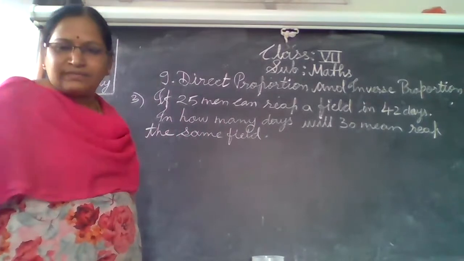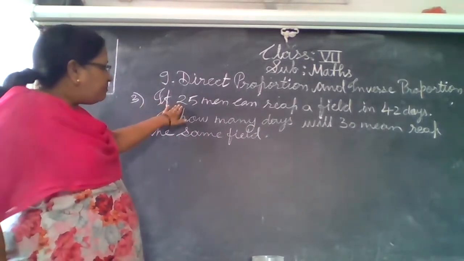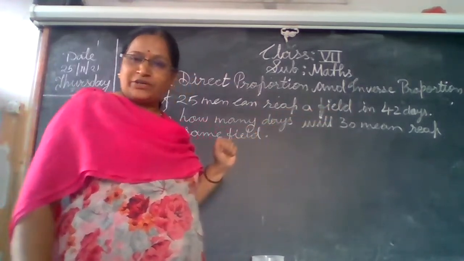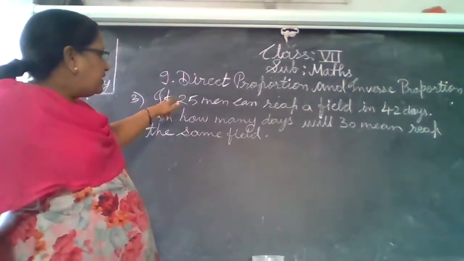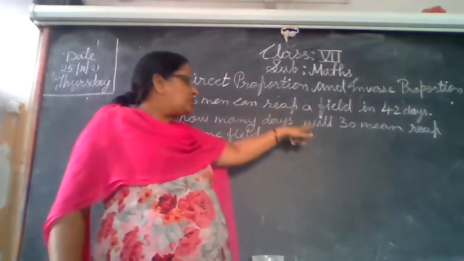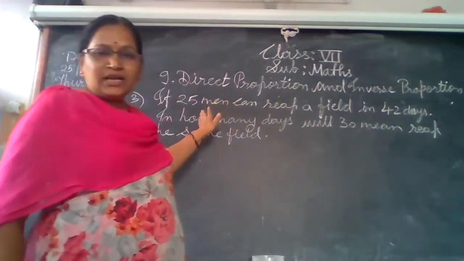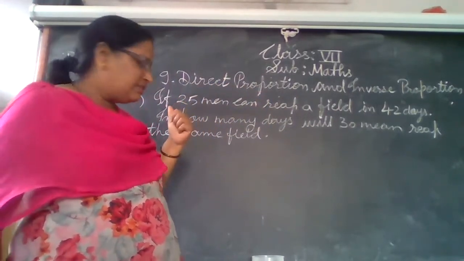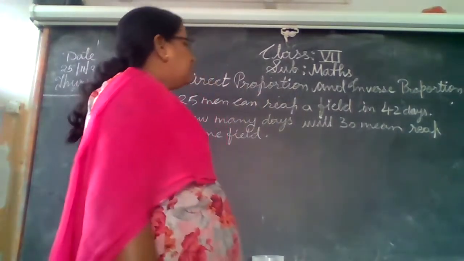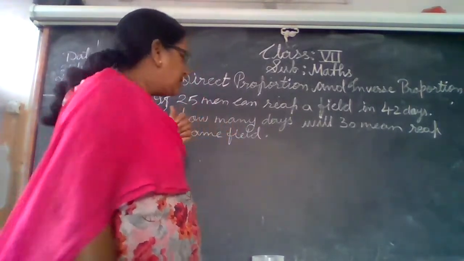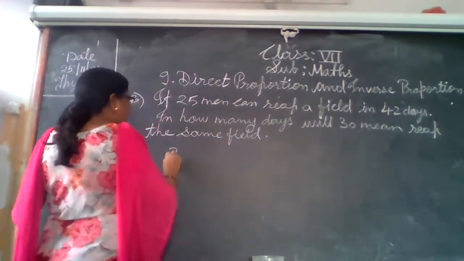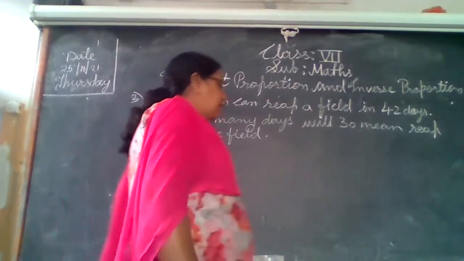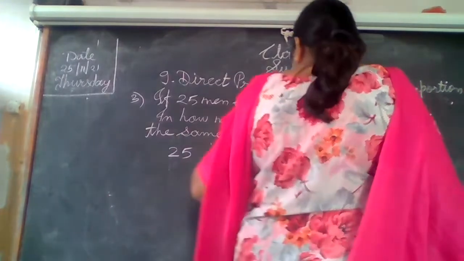Okay children, what is given, beta? 25 men and the time period is 42 days. Now 25 increases to 30. Here men increase, so the time period, that is days, will decrease. So let's make a table of men and days.